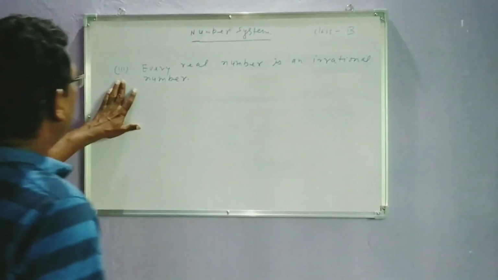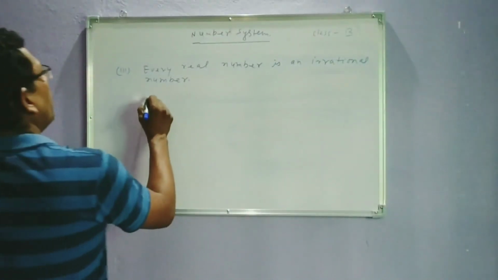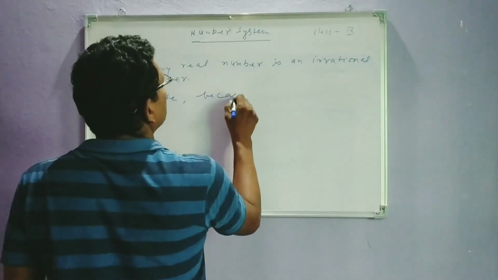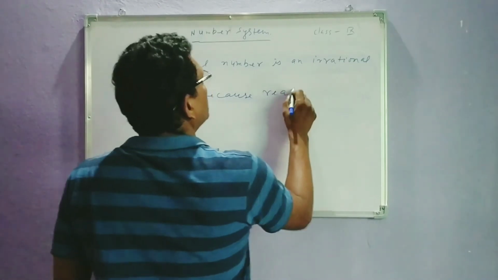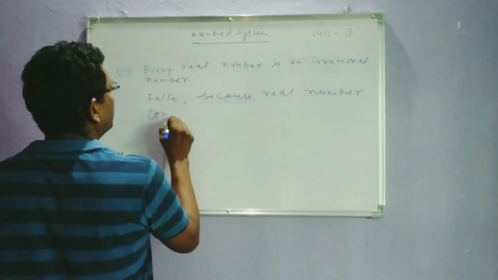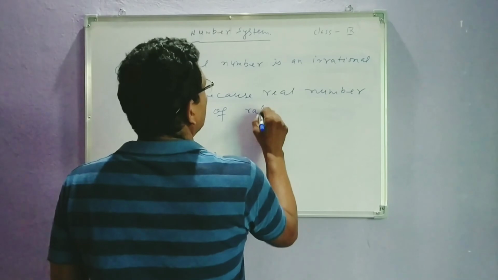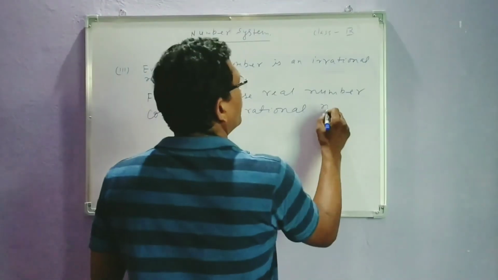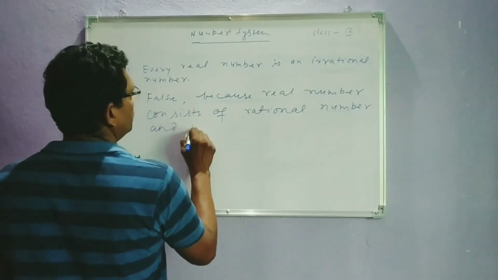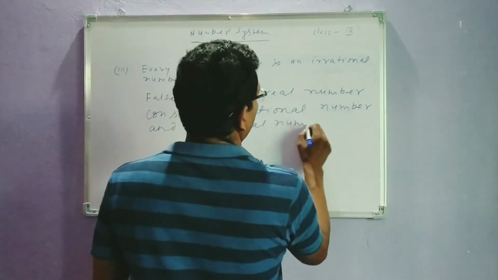That is why this is false. Now we discuss question number 3. Every real number is an irrational number. It is false. Because real number consists of rational number and irrational number.